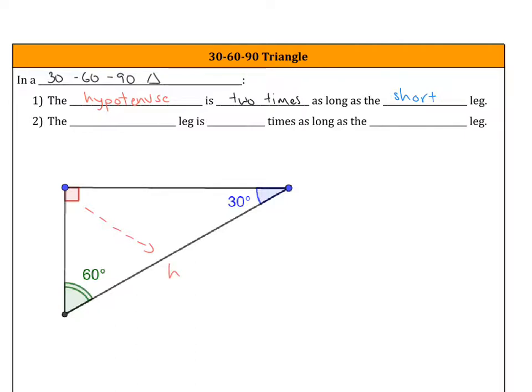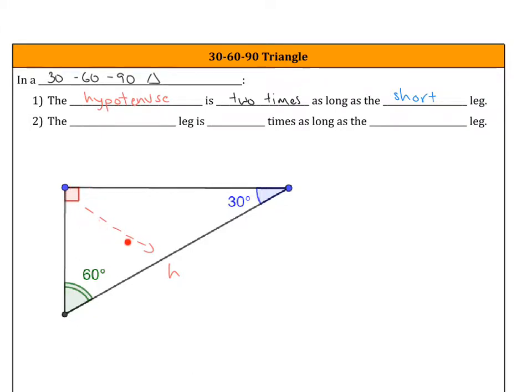But now I have two legs to consider. I have the one up here and the one down here. One is going to be the short leg. The other, of course, will be the long leg. But here's what I look for. I take a look at 30 degrees. This is how I figure out which leg is short or long. The 30 degrees is smaller than the 60 degrees. So in the same way you pick out the hypotenuse, right?